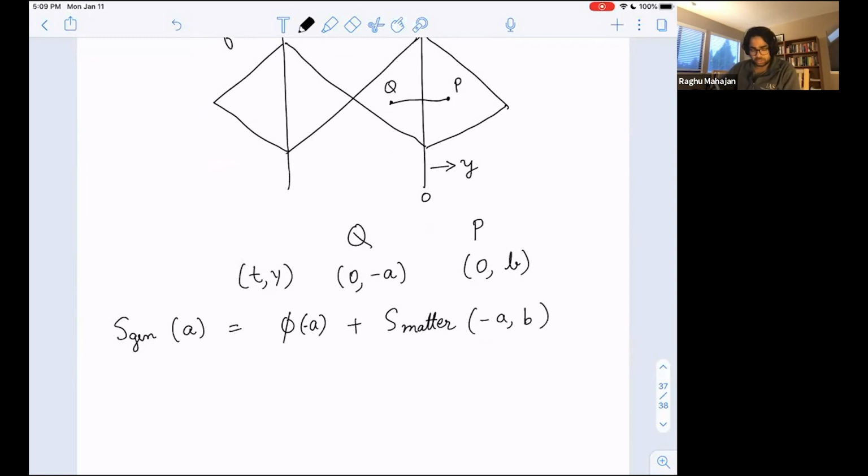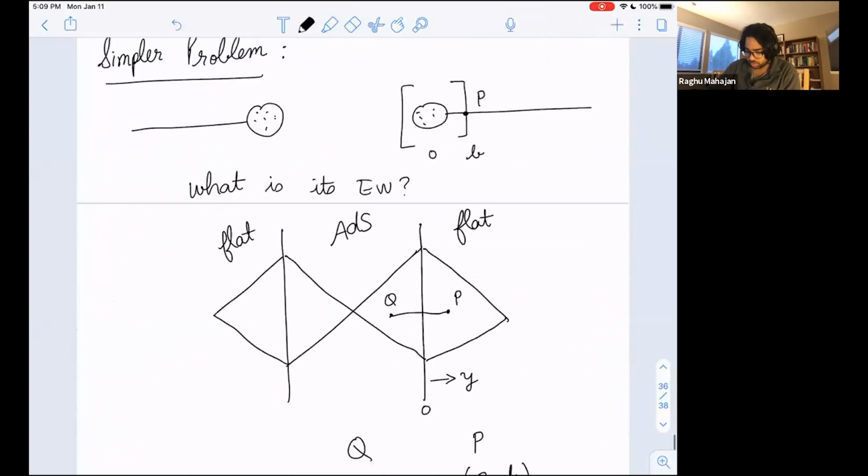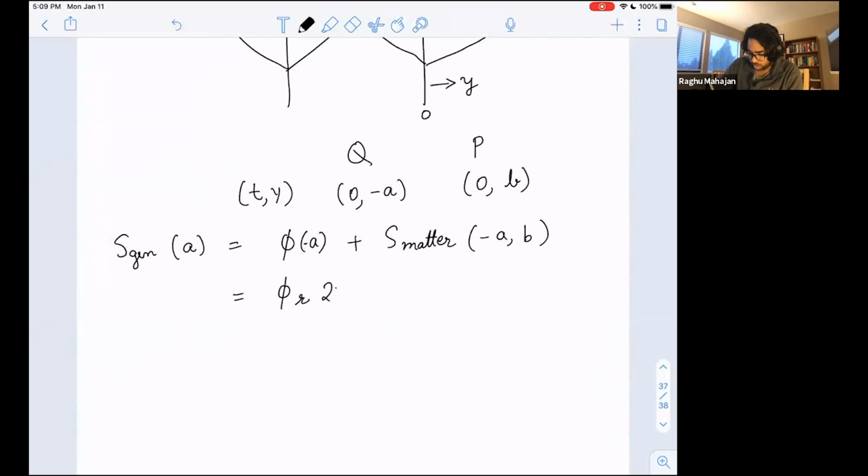That's the definition. And this is just equal to phi_r, and now we use the dilaton from before. The dilaton had a 2 pi over beta and a hyperbolic cotangent. So it's equal to phi_r times 2 pi over beta, coth of 2 pi A over beta.